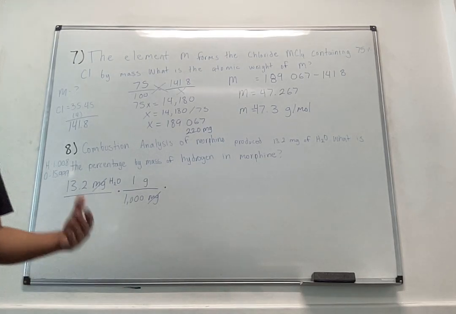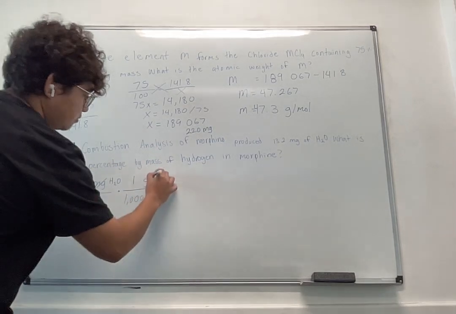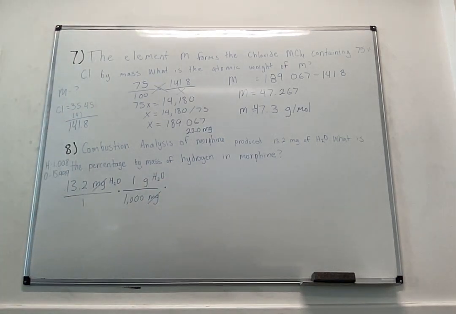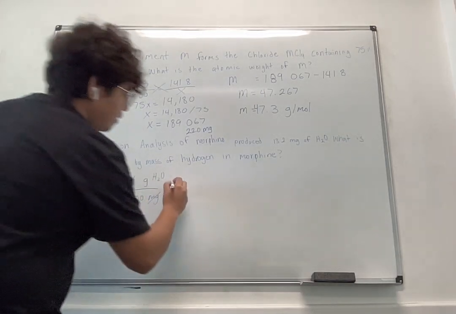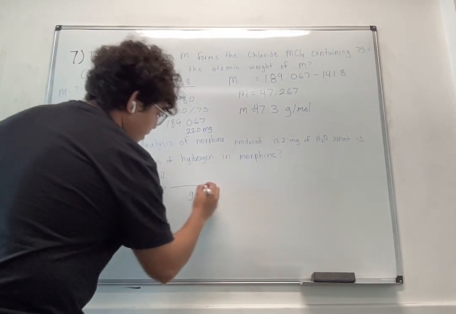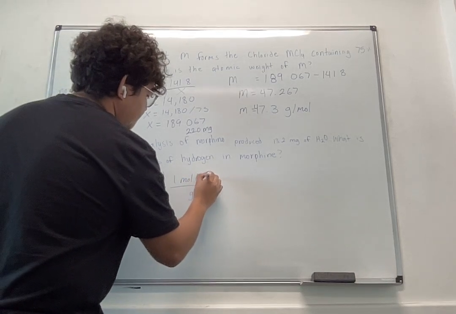First, I have to go to mole. So I'm at 1 gram H2O, almost forgot H2O, and now I have to go to the mole. So remember, my grams have to be at the bottom, and my mole is going to have to be at the top.